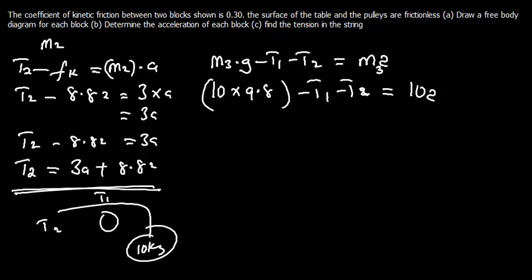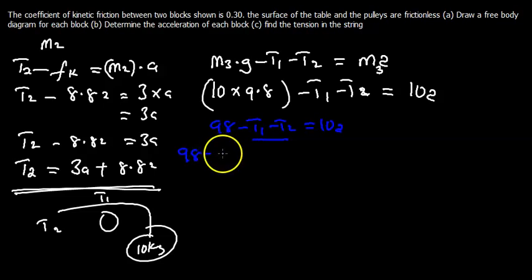Notice that what we have at T1 is 2a plus 8.82. Therefore, 10 multiplied by 9.8 is simply going to be 98 minus T1 minus T2 to be equals to 10a, which is the same thing as saying now we can replace these two values, T1 and T2.